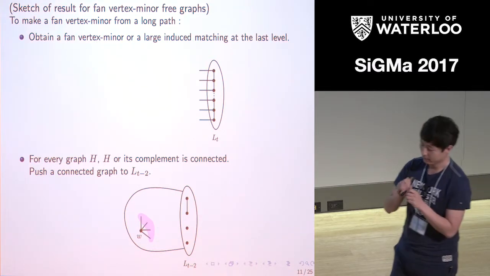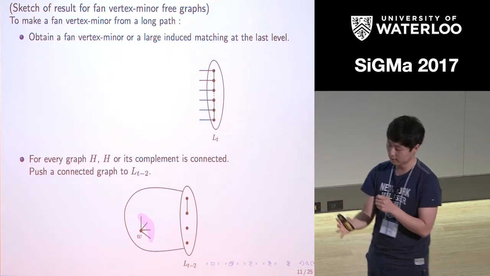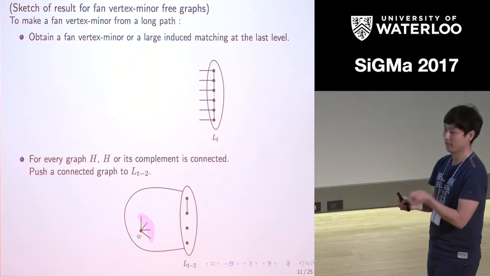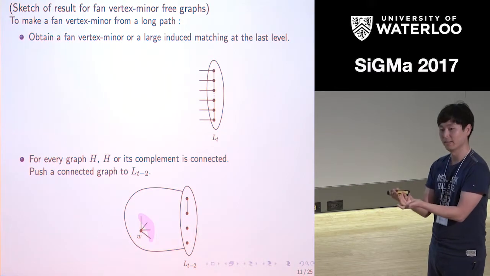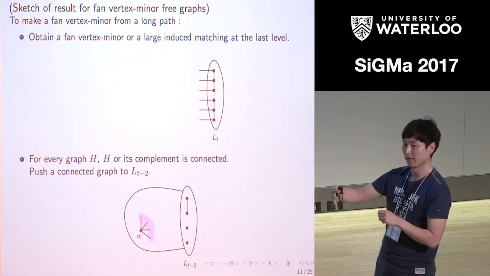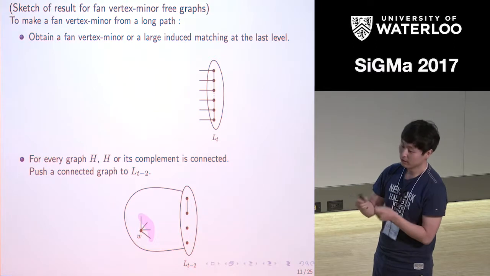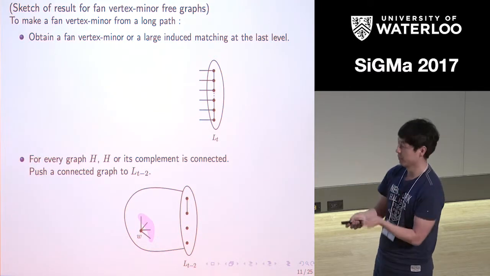But otherwise, if the neighbors induce a connected graph, then you do a local complementation here. Then we know that every graph is connected or its complement is connected, so the neighbors become connected. So you do a local complementation and remove.